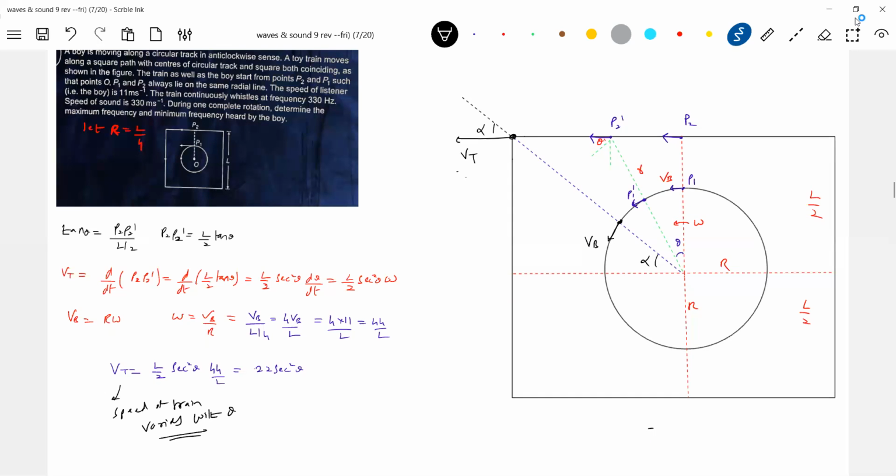So just before reaching the corner, the velocity will be directed like this, no? Vt cos alpha. Then the signal emitted by it will be received as f dash. Just after crossing the corner, the velocity Vt will be downward.